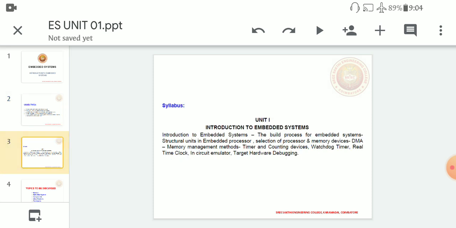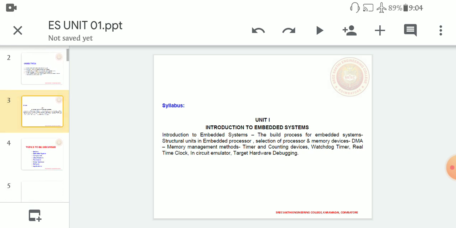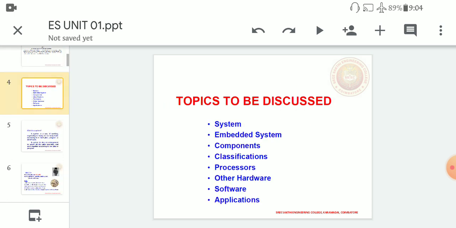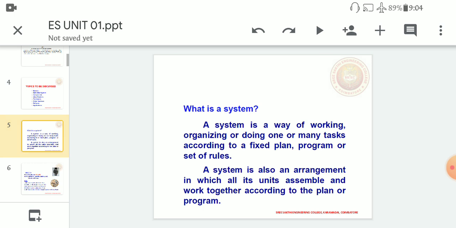So this is the basic syllabus which is illustrated here, and these are the side headings or the topics which we are going to discuss. Generally, what is meant by a system, before getting into an embedded system? A system is a way of doing work or organizing a task.